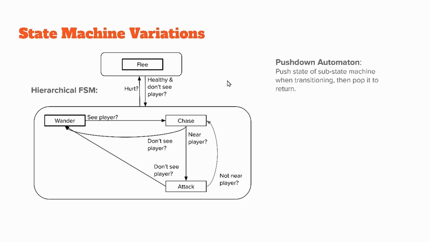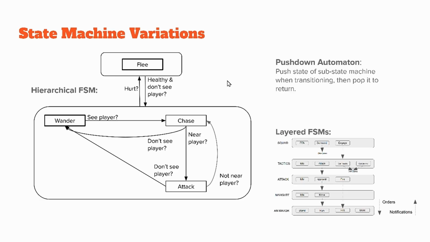There's another way to handle the complexity, and that is layered finite state machines. I've done a talk on this before, but it involves creating very simple state machines at different levels of granularity, where the higher level subsumes responsibility for the lower levels.